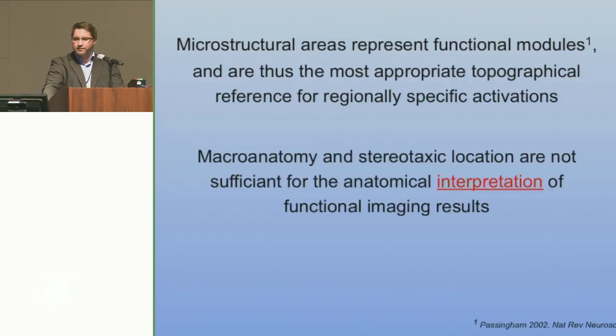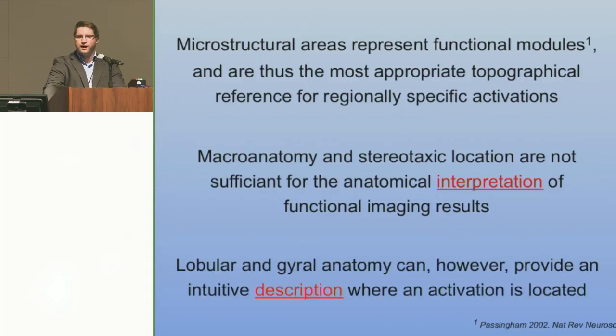On the other hand, macroanatomy and stereotaxic locations are not sufficient for an anatomical interpretation of neuroimaging findings. Note that I said interpretation, because they are perfectly fine to describe where something is happening, but you need to allocate them to specific units of processing, to specific modules that have a particular infrastructure that's different from the infrastructure of the neighboring patch of cortex, in order to build a common interpretation of structure and function.